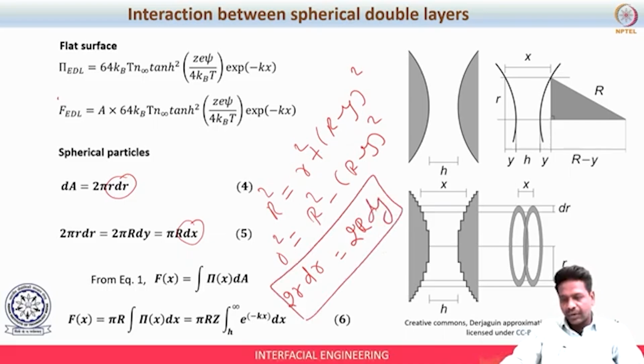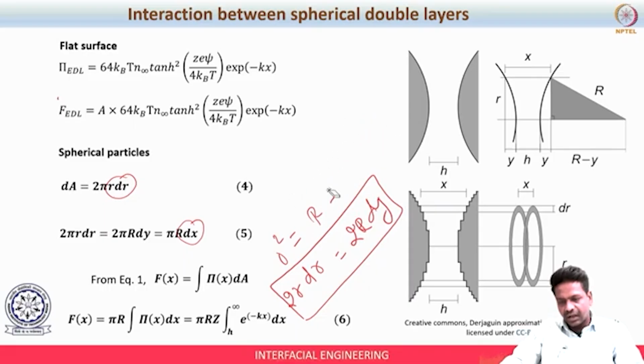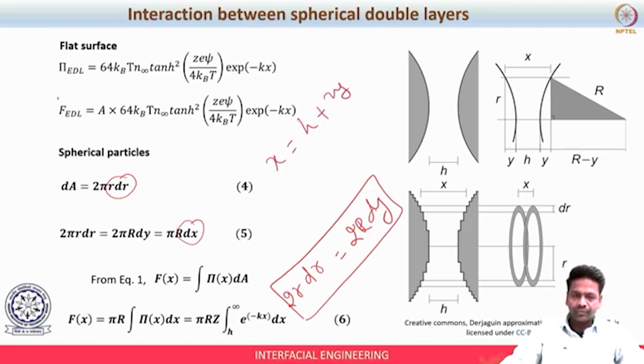Now, I still want to convert this y into x. So, how do I do it? Another geometric relation that we know is x is nothing but h plus 2y. So, we substitute.